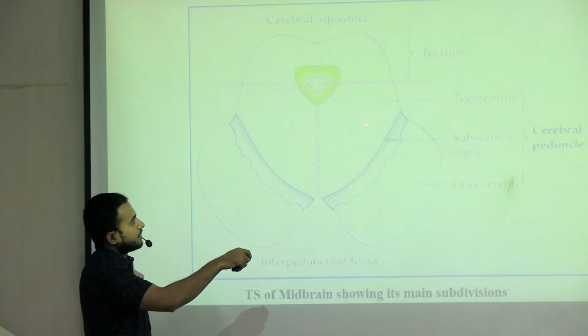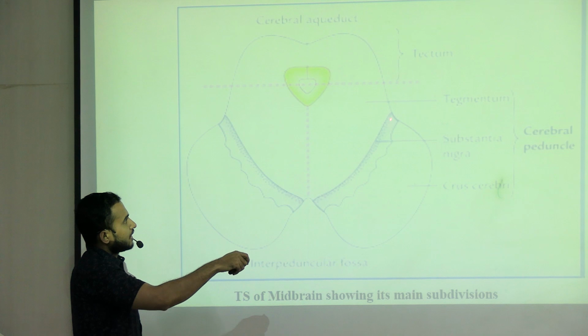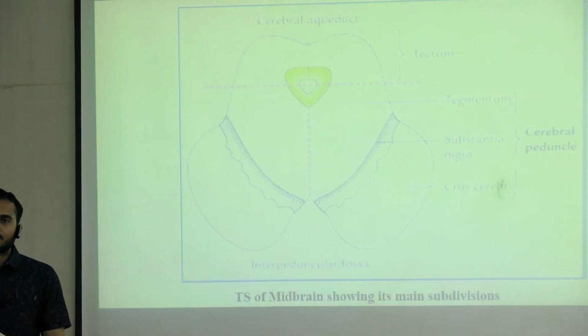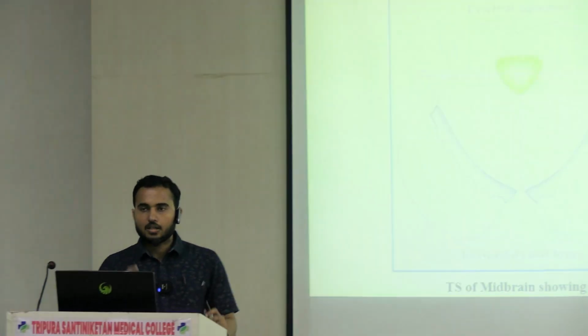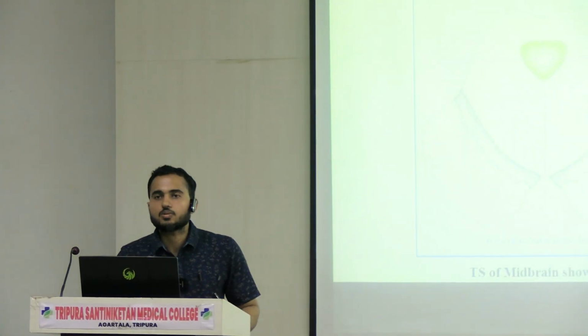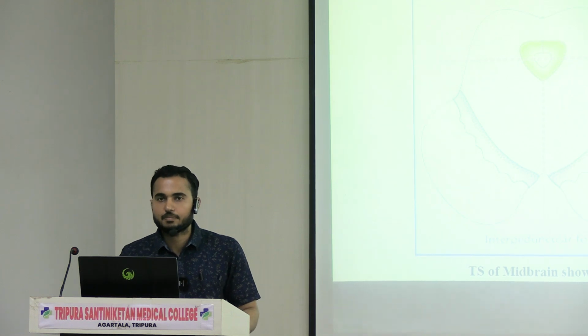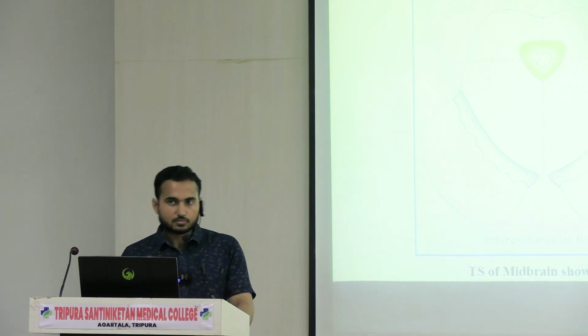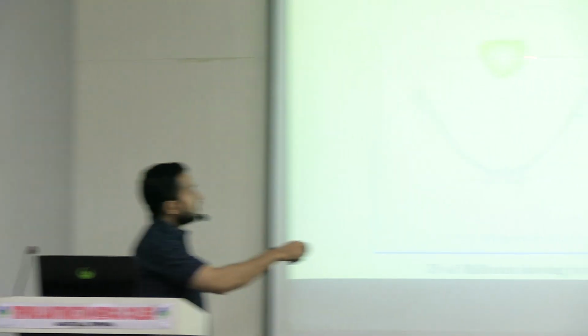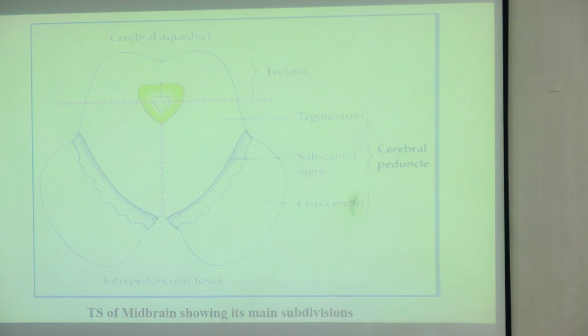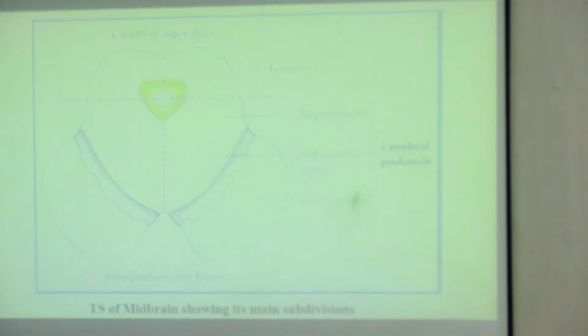Now in between the tegmentum and the crus cerebri, a dark colored structure is present, that is called the substantia nigra, where dopaminergic neurons are present, from where the dopamine secretion takes place. Next, if you go more posteriorly, then you can see the tectum is present. So like this the subdivisions are done in the midbrain.